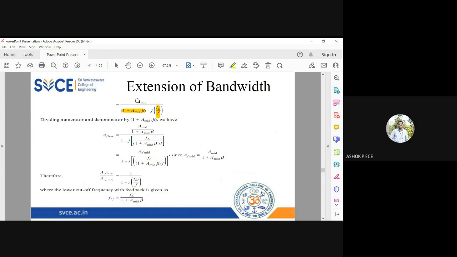In the numerator I have only one term, so I don't have any problem with that term. Now, from the denominator, take out this term as common, 1 plus A mid into beta. Or you can do this also: divide the numerator and denominator by 1 plus A mid into beta. The numerator will become A mid by 1 plus A mid into beta.